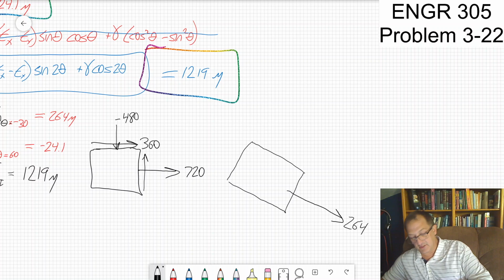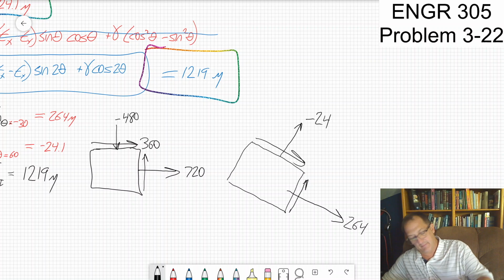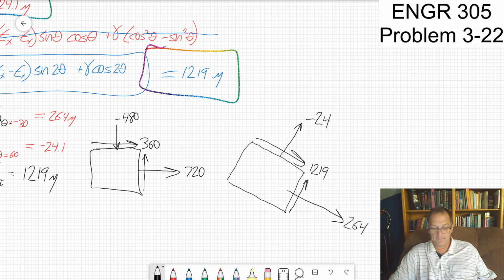And in this direction, it becomes negative 24. And then that and that becomes this 1219. All right.